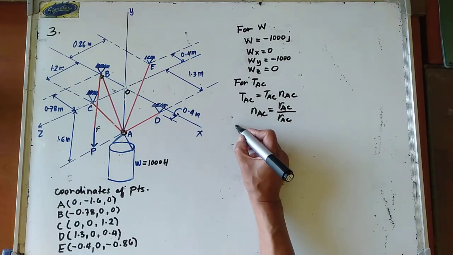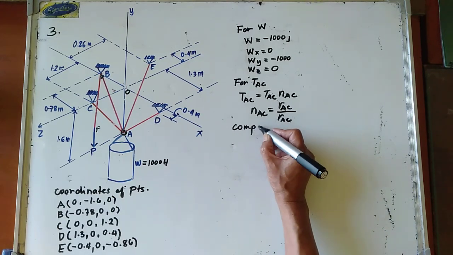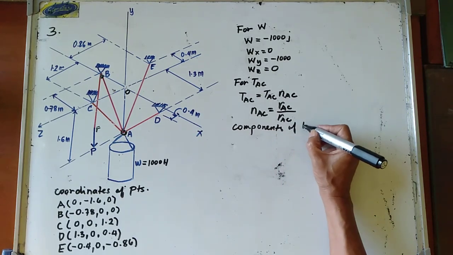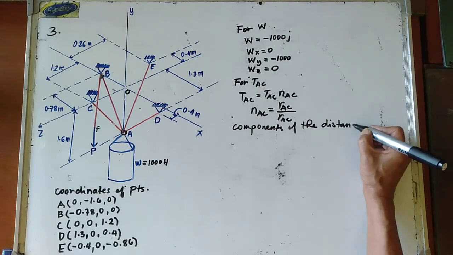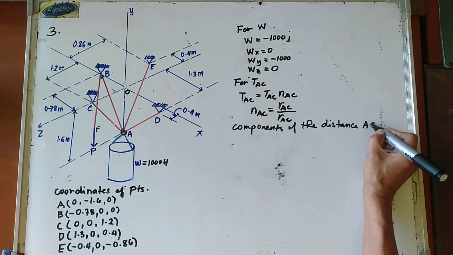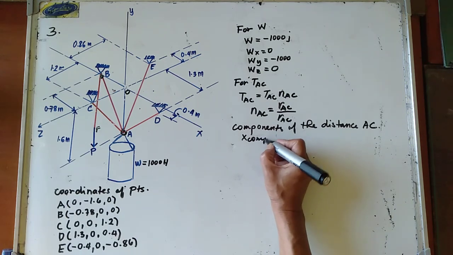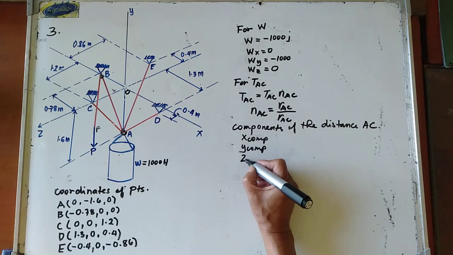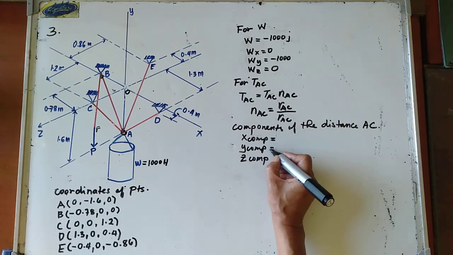Let's get first the components of the distance AC. We have your X, your Y, and the Z component.